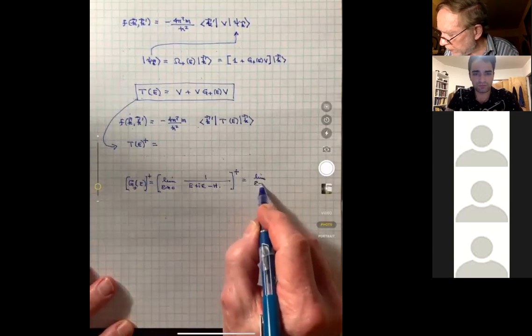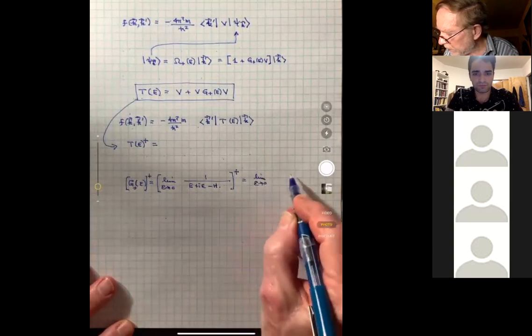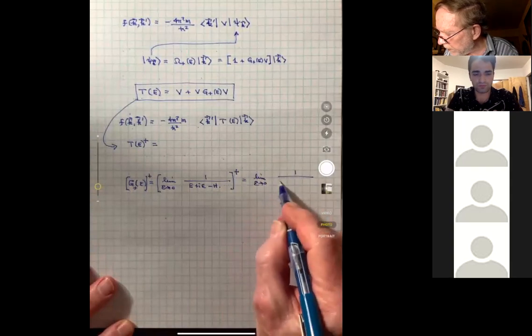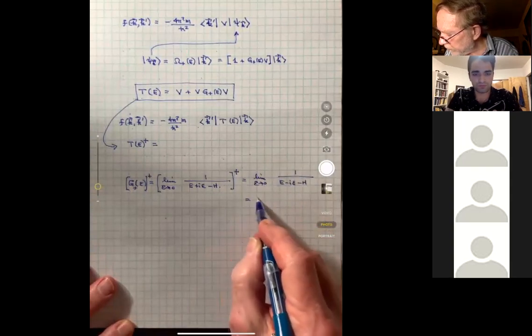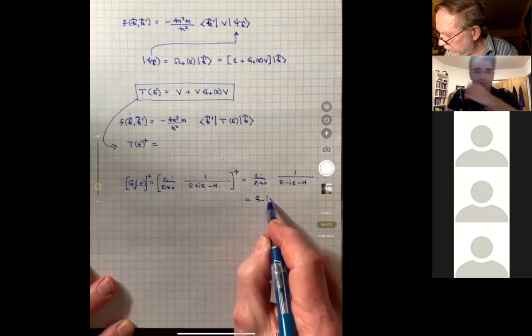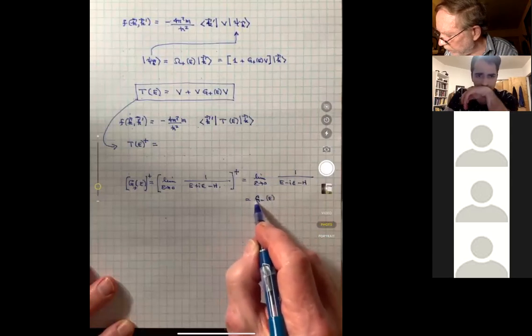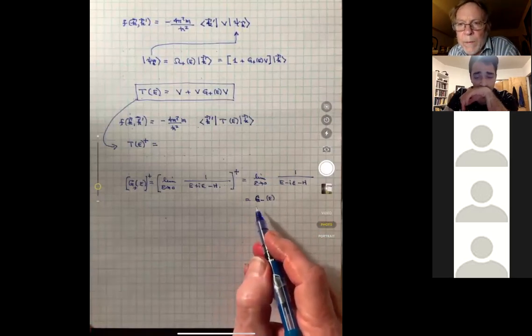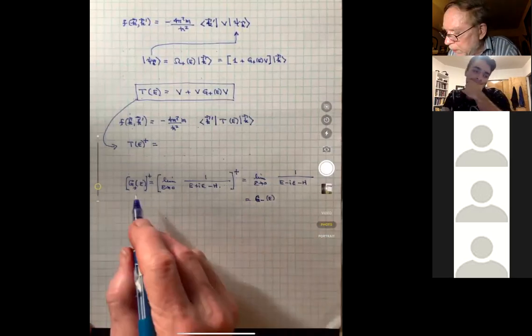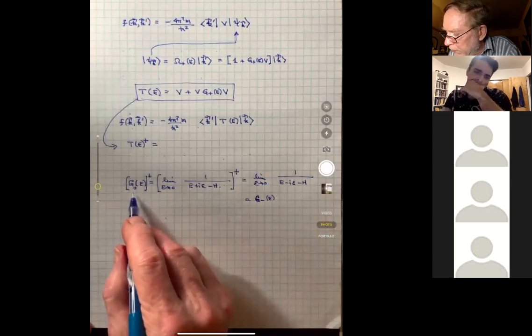So under the dagger, that goes into minus epsilon. So the limit as epsilon goes to 0 of 1 over E minus I epsilon minus H, which therefore is G minus of E. It's the Green's operator for these funny incoming solutions, which are not physical. But that's what you get if you take the Hermitian conjugate of G plus.